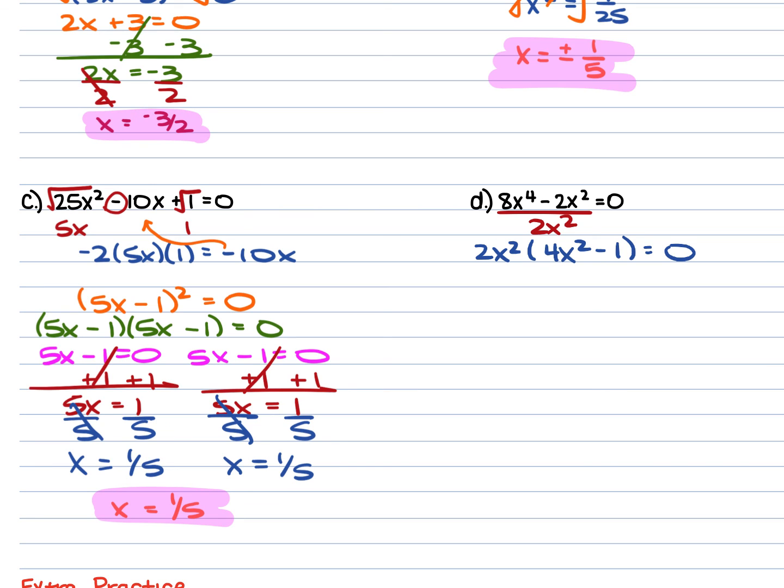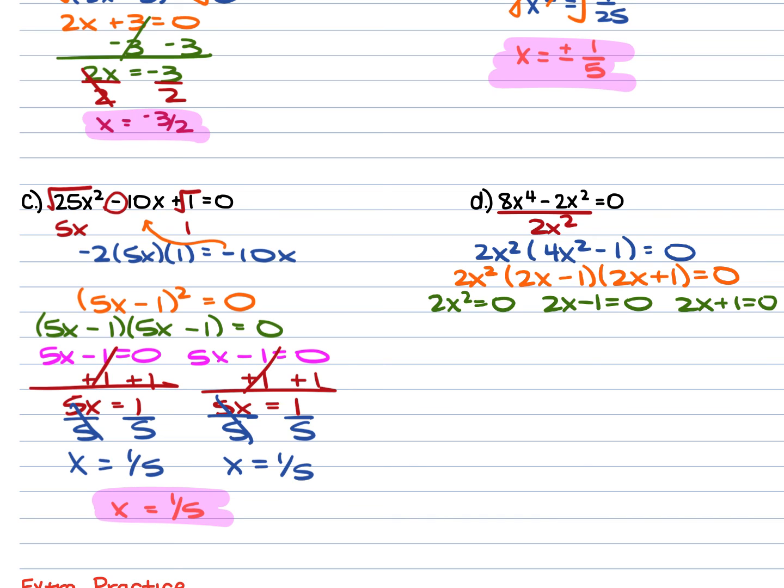Now with this one, you do have a difference of squares there, so if you wanted to, instead of setting each part here equal to 0, you can do the 2x squared times 2x minus 1 times 2x plus 1 is equal to 0, and then set each part equal to 0. So this would give us 2x squared is equal to 0, 2x minus 1 is equal to 0, and 2x plus 1 is equal to 0.